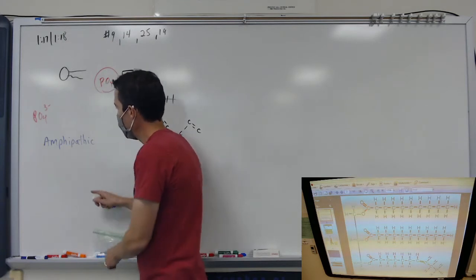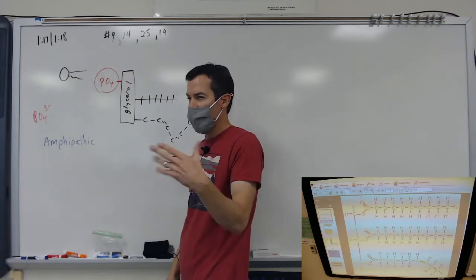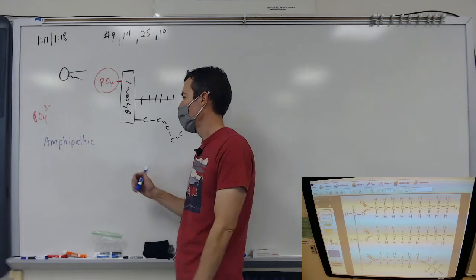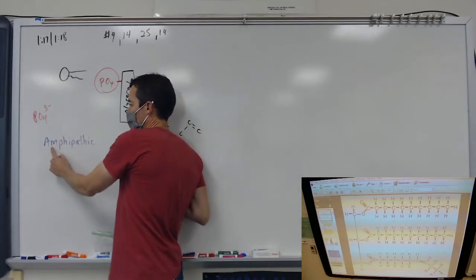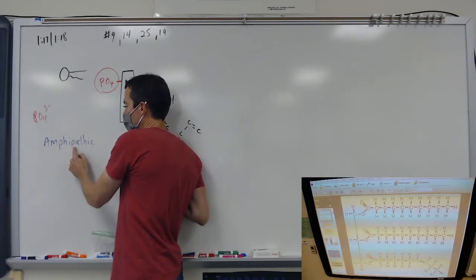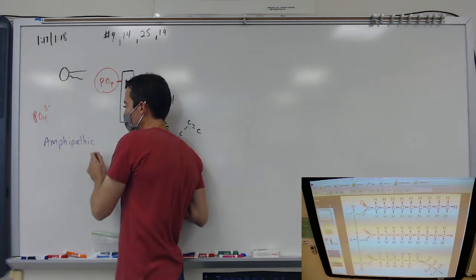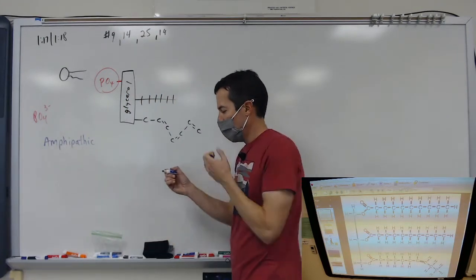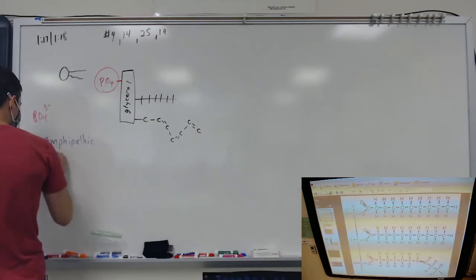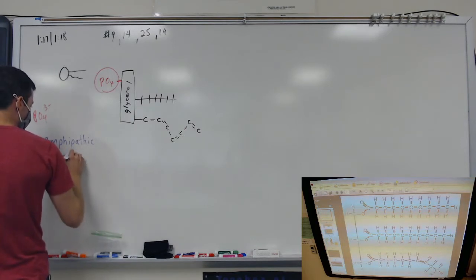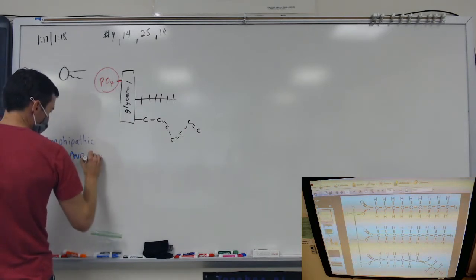The F sound is a PH. A-M-P-H-I-P-A-T-H-I-C. Amphipathic means that something is polar and nonpolar.